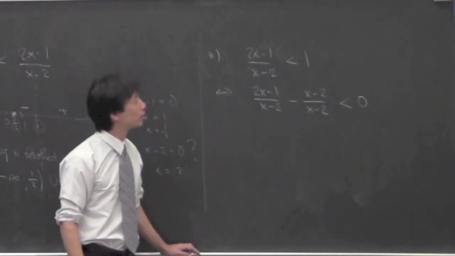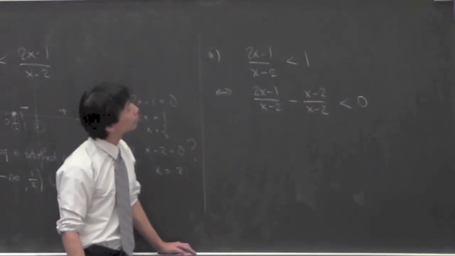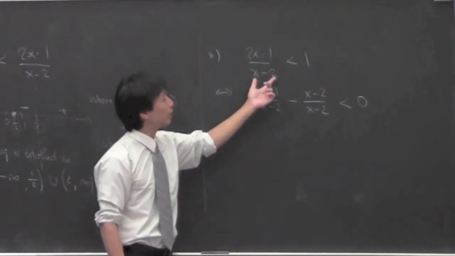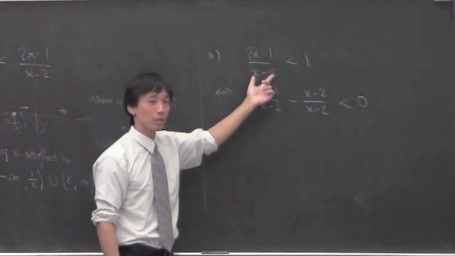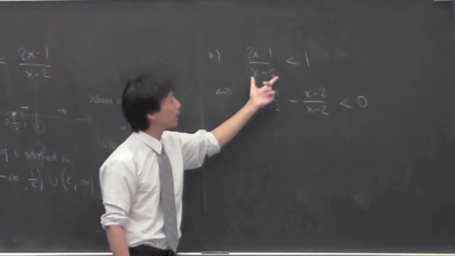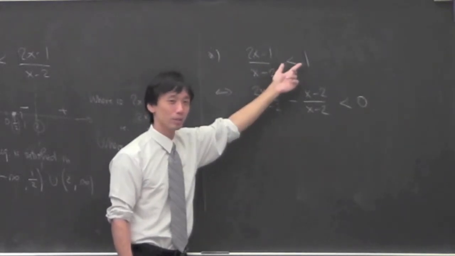Why wouldn't you just multiply both sides by x minus 2 and have 2x minus 1 be less than x minus 2? Well, you then could solve it, but you have to be careful that you break it into 2 cases. When x minus 2 is positive and when x minus 2 is negative, because if this were negative and you multiply both sides by it, then the sign switches.